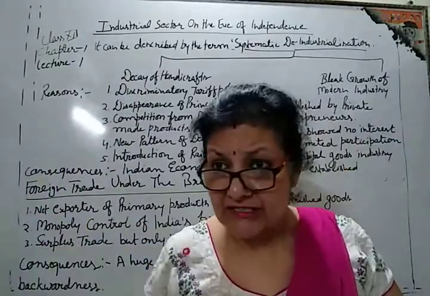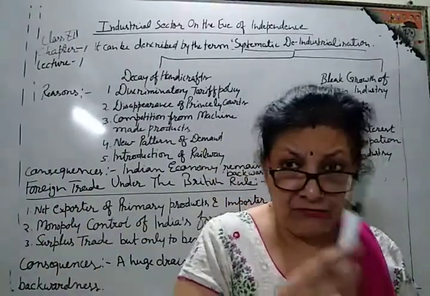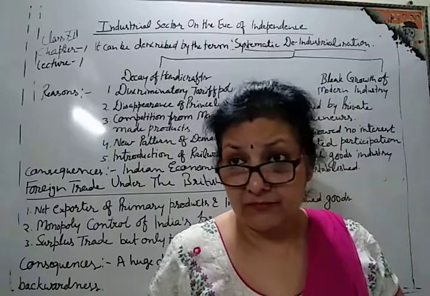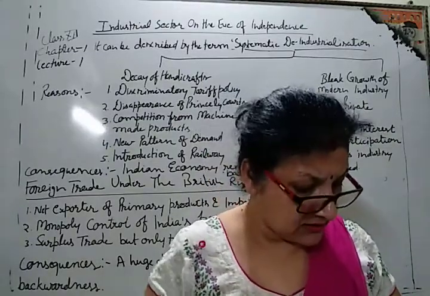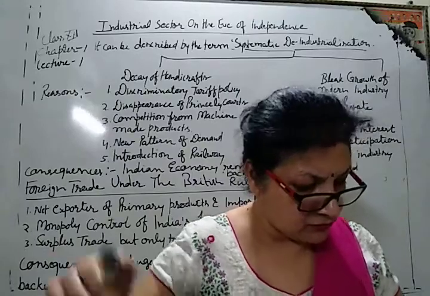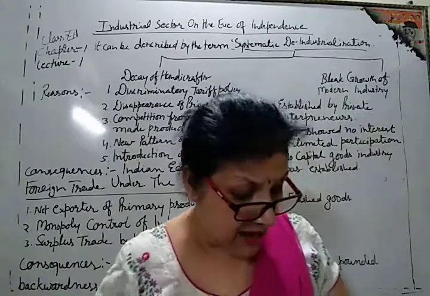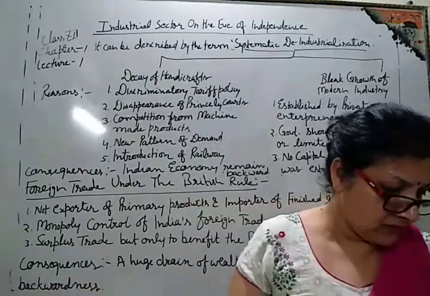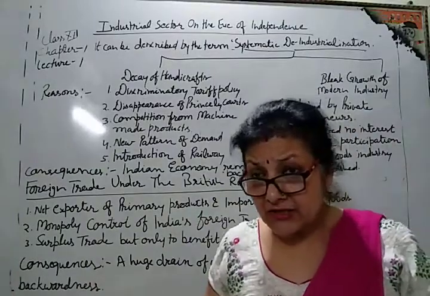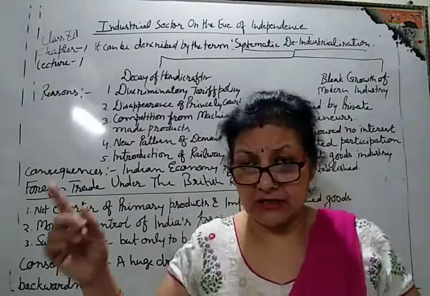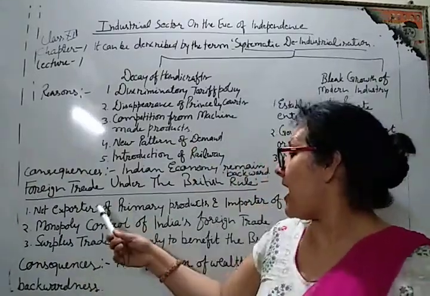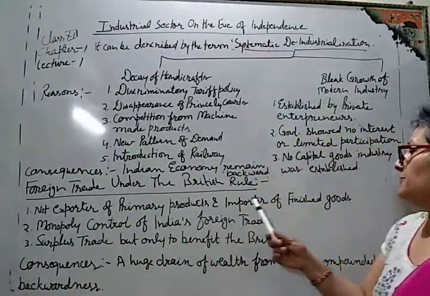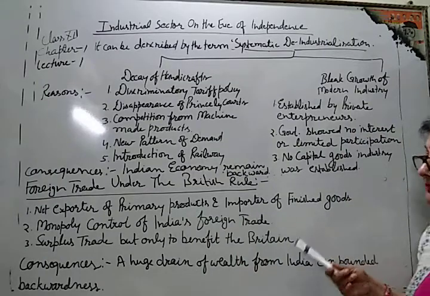And India was a well-known exporter of finished goods, which included cotton, silk, textiles, iron goods, wooden goods, ivory work, and so on. But the British converted India into a net exporter of primary goods and importer of finished goods.